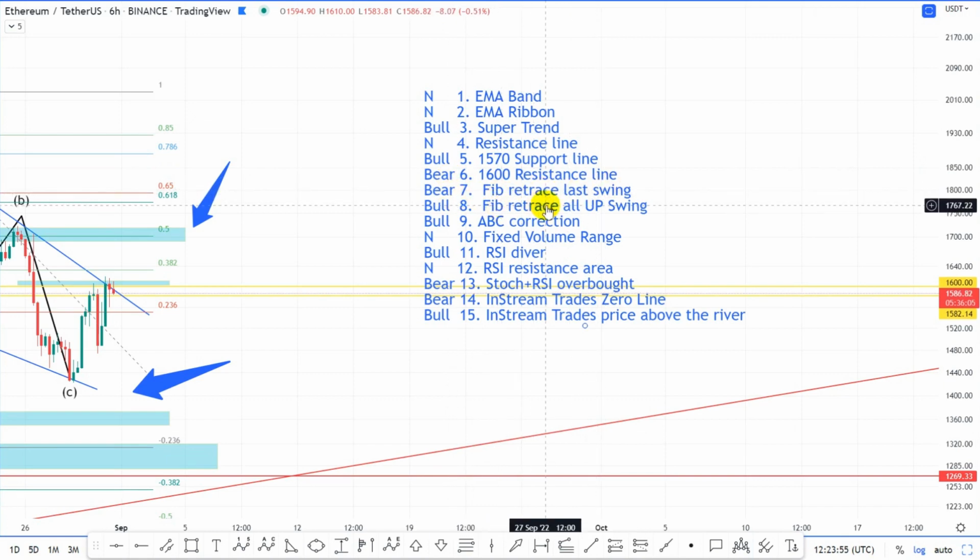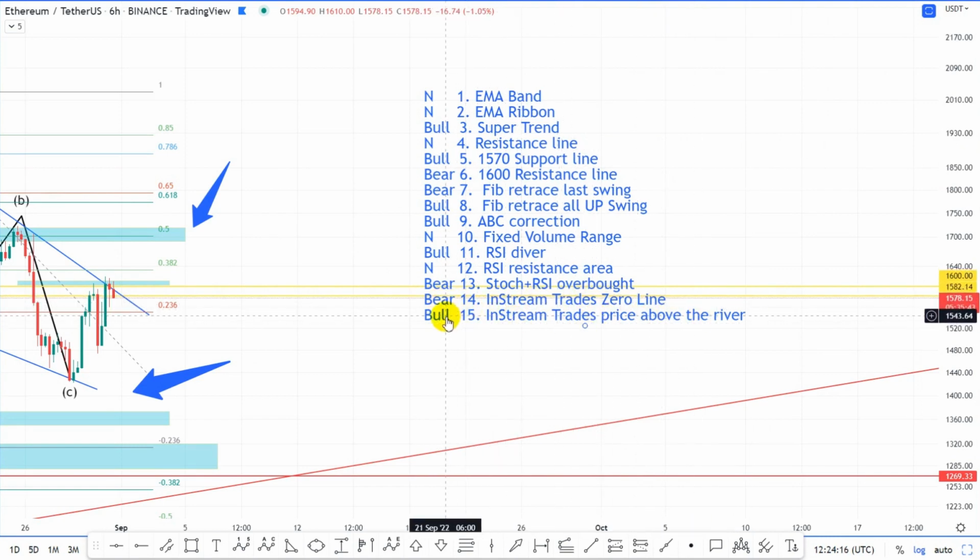Fib retracement of all the upswing, bullish. ABC correction, bullish. Fixed volume range profile, neutral. RSI divergence, bullish. Then RSI resistance area, neutral. Stochastic RSI overbought gave a bearish sign, and in-stream trades zero line gave a bearish sign, and in-stream trades price above the river is for the bulls.